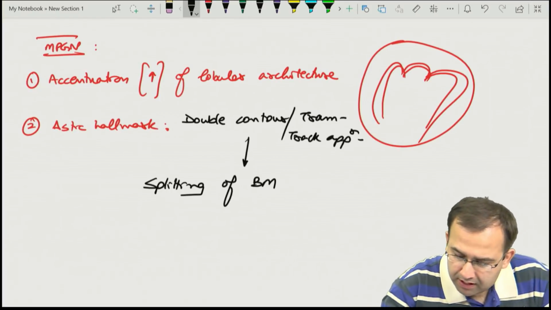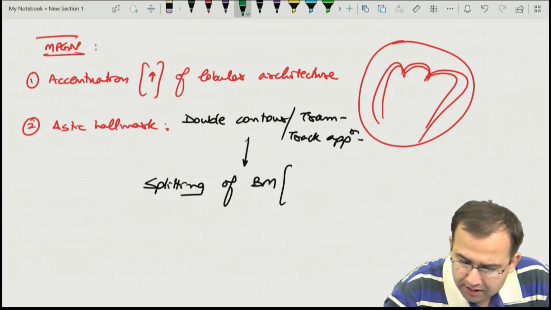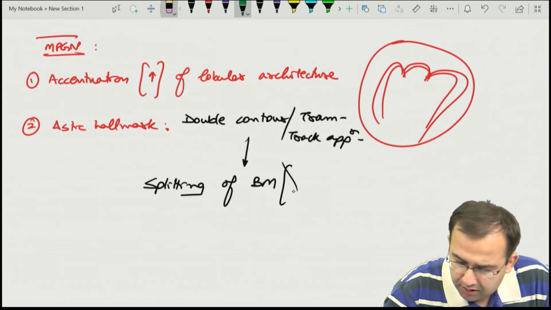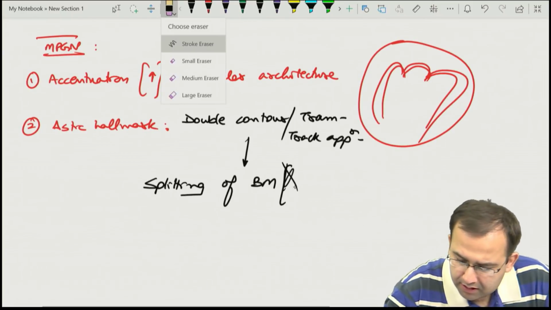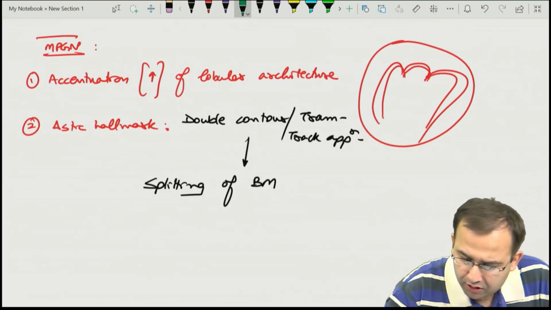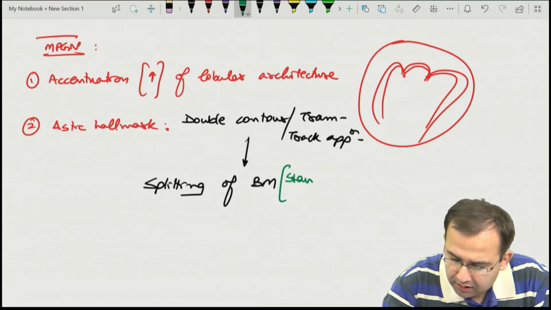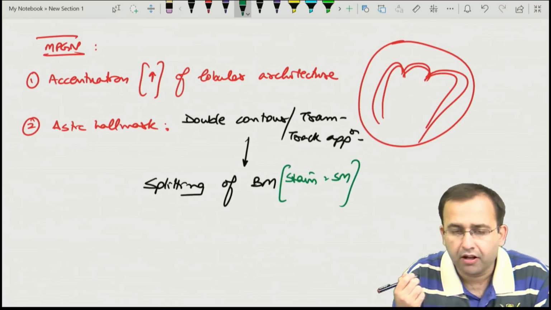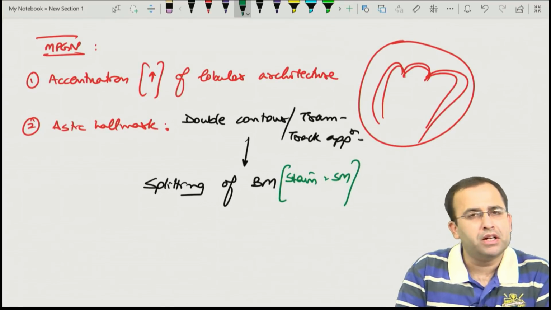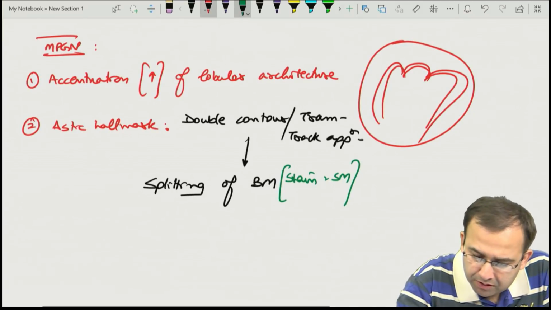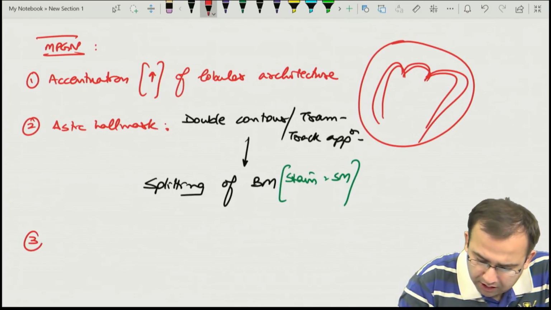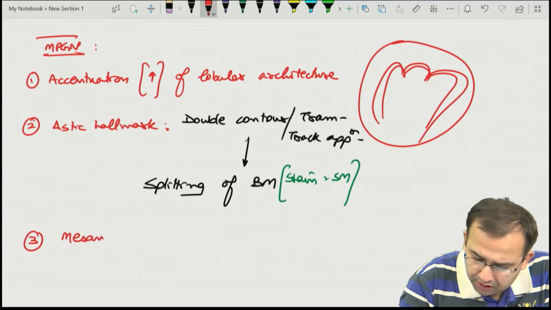Next, we have already discussed this, the stain of choice. In MPGN, the stain used is the silver methenamine stain, because the stain specific for basement membrane is silver methenamine. Next point, when everything is proliferating, mesangial cells also proliferate.